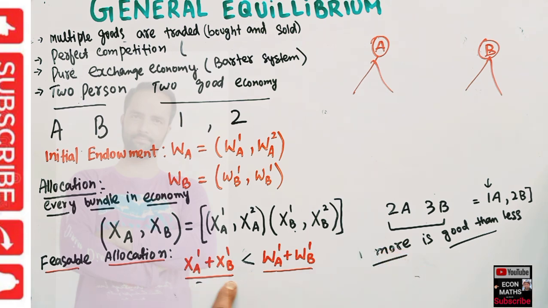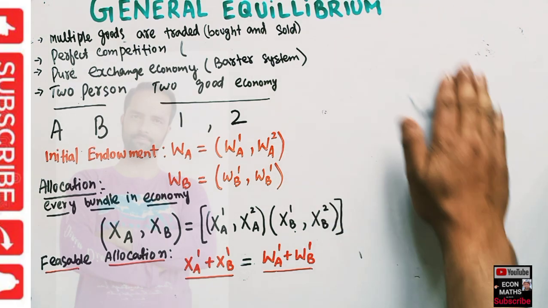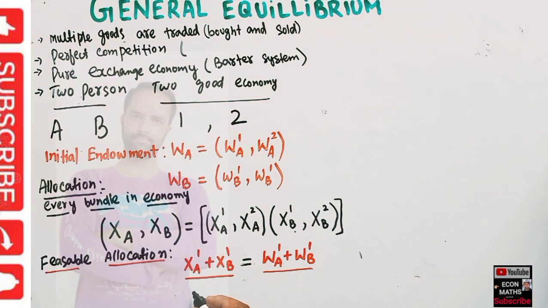So the only thing left is that they should be equal. That means the composite demand for good 1 by person A and B should be equal to the initial endowments of good 1 held by person A and B, so WA1 plus WB1 denotes the supply of good 1. Symmetrically we will have, let me see if I have space. Yes, I do have.